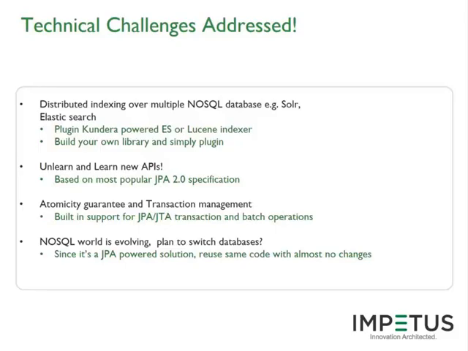To summarize those challenges, after discussing Kundera and how it addresses those issues, let's revisit them for a minute in summary. If you look first at index-based retrieval over multiple NoSQL databases, big feature, we talked about that.